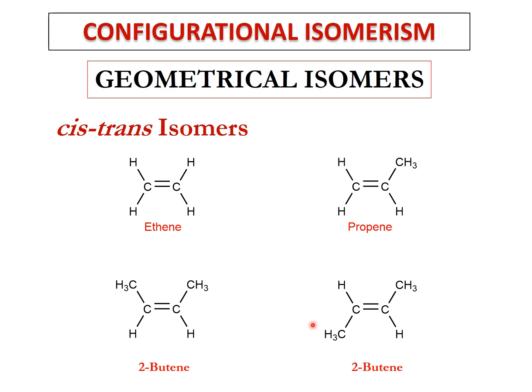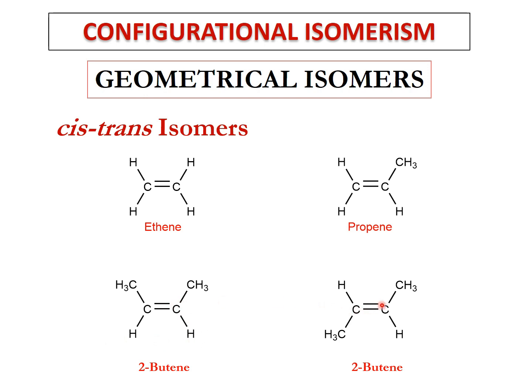But if you look at their structural formula, they have different orientation of these two groups. Right? So if you take a plane about this carbon-carbon double bond, you see that these two methyl groups are on the same side of this carbon-carbon double bond, and the two hydrogens are on the same side of the carbon-carbon double bond.